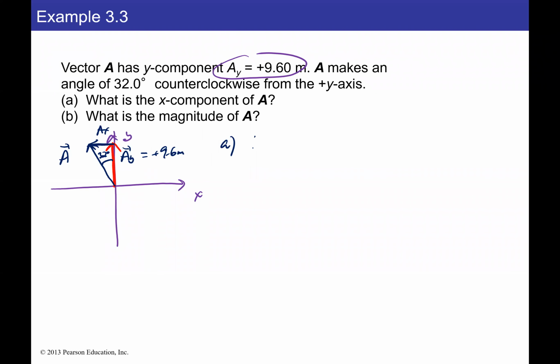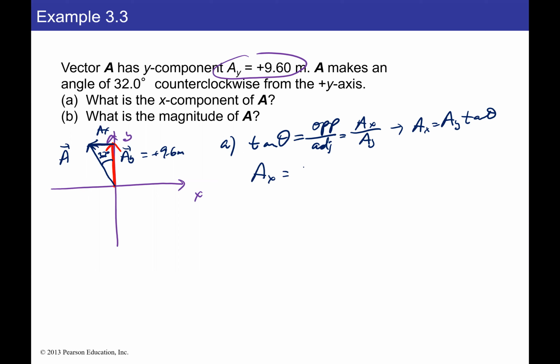So then for part A, I can use the tangent of theta that, remember, relates opposite and adjacent. Opposite is, in this case, the x component, and adjacent is the y component. That means the x component here is just the y component times tangent of theta.